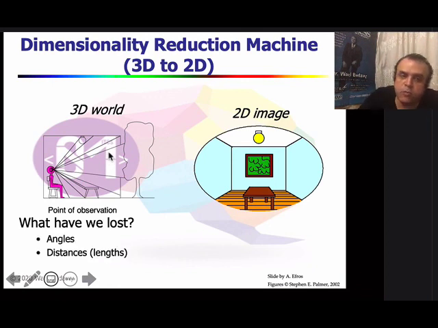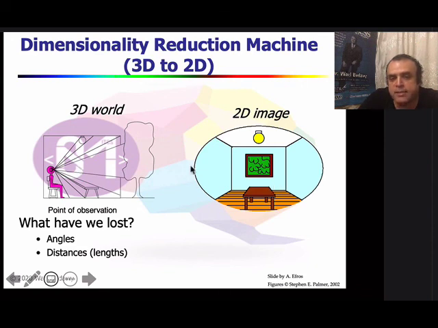The very first thing we lost is basically the angles. So we don't know about the real angles. We also lost the distance. So for example, in the 2D image, you will see the tree branches behind the window. However, you cannot see how far the tree branches are from the window. You will see the table in front of you, and adjacent to it the wall.